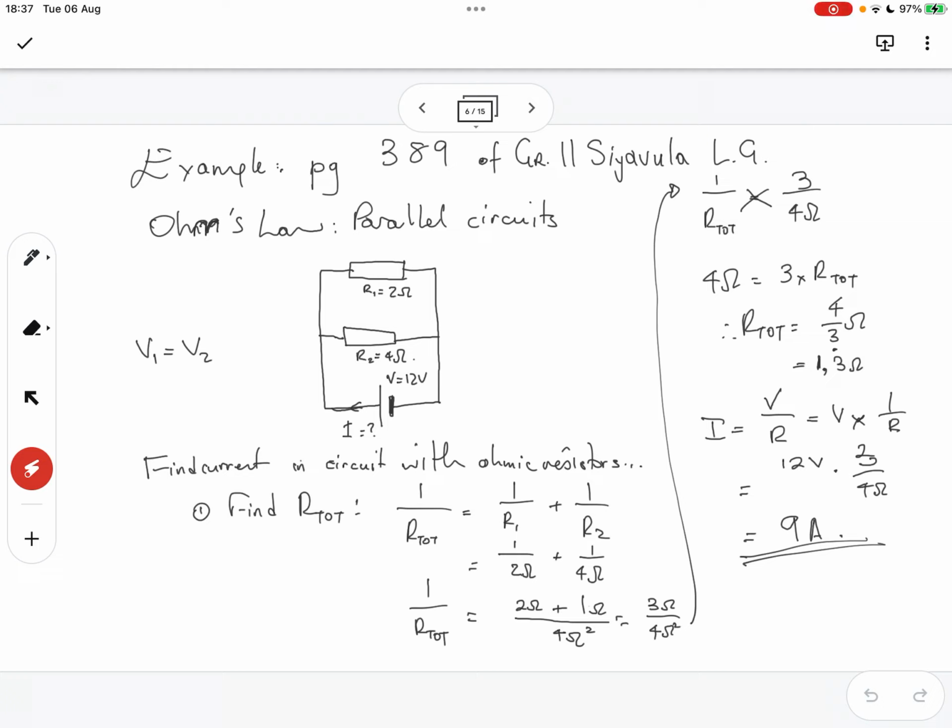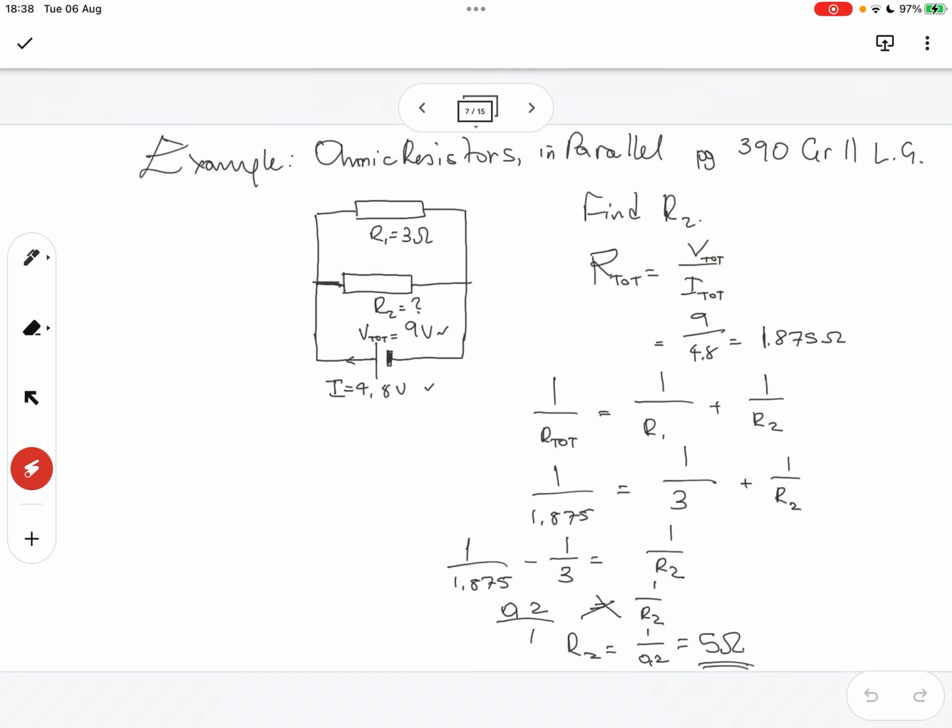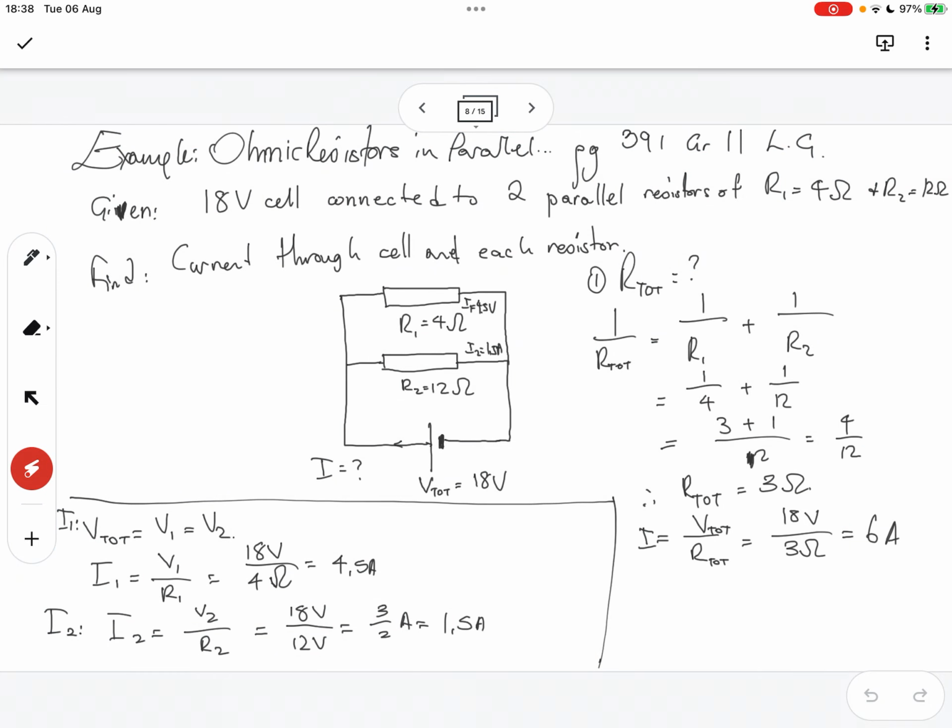Using that information, you can work out unknown resistances for ohmic resistors in parallel, as well as the current in the circuit. You can also work out the resistance of an unknown resistor if you have the current and the voltage and the one resistor there. We can also look at where we're given the voltage and two parallel resistors and we have to find the current. We can also do those calculations.